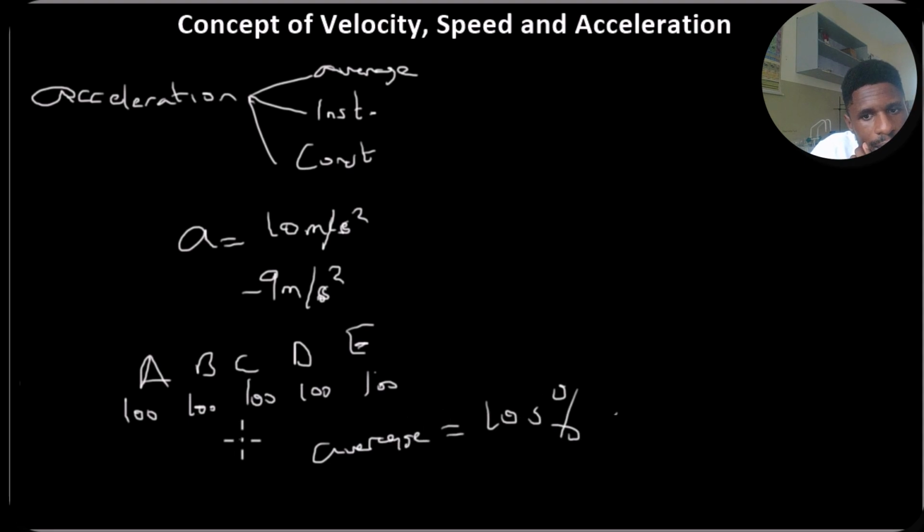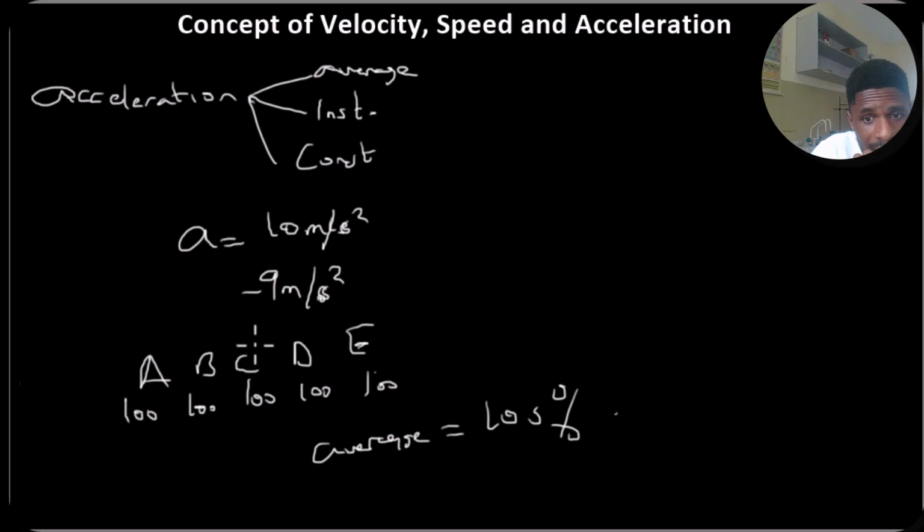Okay. Now, if I want to find out what the A score, right? Of course, I know A is 100. What the B score? B is 100. C 100. D 100. E also 100. Now, what is this telling me? When I have a constant value, when my acceleration rather is constant, then it means my average acceleration and also my instantaneous acceleration must be equal with what we've said here.